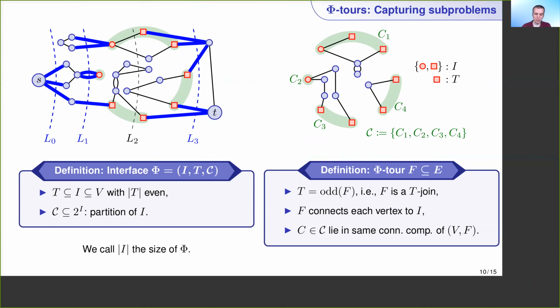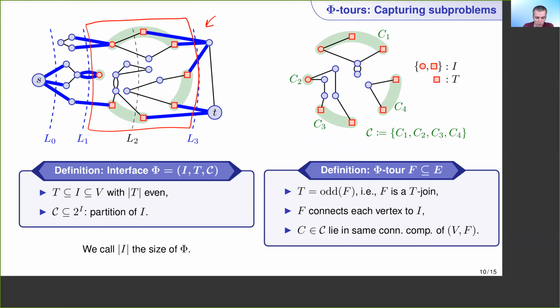But let's just start on the example first, here on the left-hand side. You see again the same instance we had beforehand, where we get some opt edges shown as thick blue edges. Let's just look at the subproblem between L1 and L3. The red vertices you see here are the vertices incident to one of the opt edges we guessed.